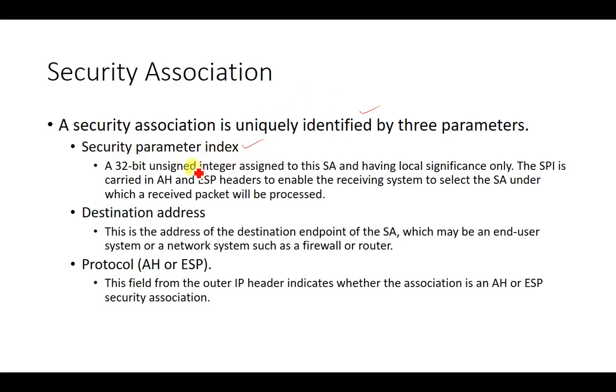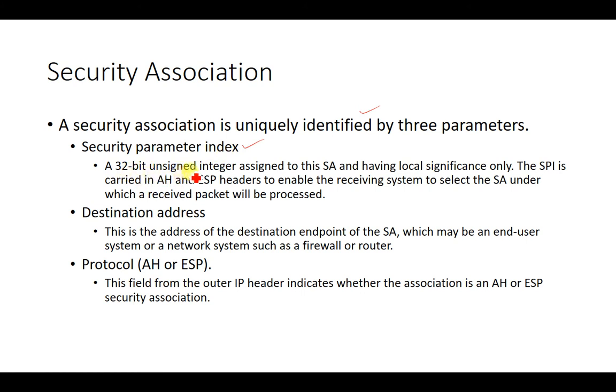If you remember from the class on the two protocols, AH and ESP, there was a field named security parameter index. We have already talked about this in previous classes, but we need to explain it here too. So what is the security parameter index?